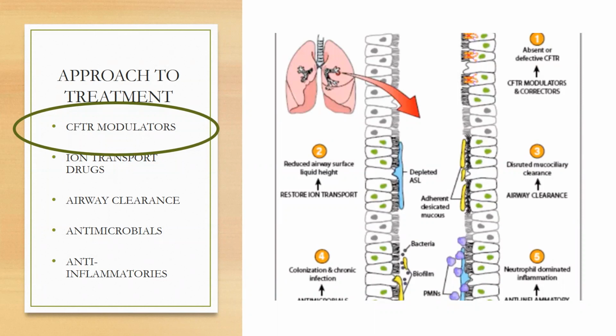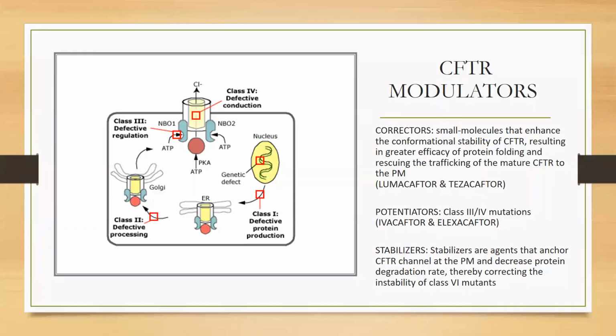The CFTR is a cyclic AMP anion channel. As I mentioned before, it transports chloride across the epithelial surface. If we know how this protein is translated, folded and made, and then transported up to the plasma membrane, maybe there's some way we can interfere in that pathway. Here's a depiction of that pathway.